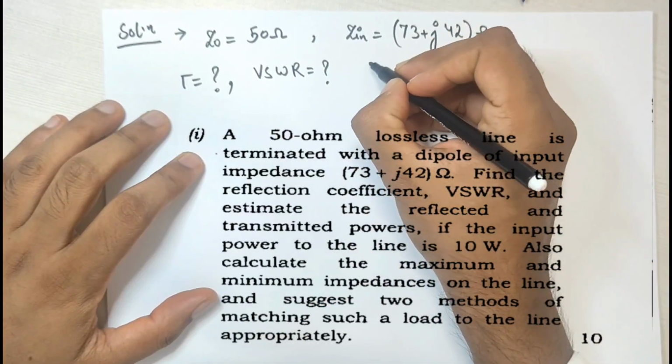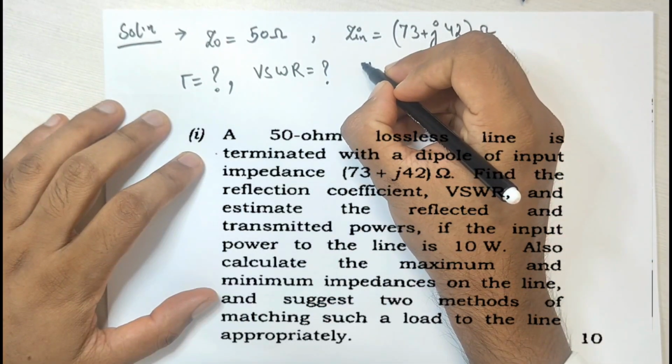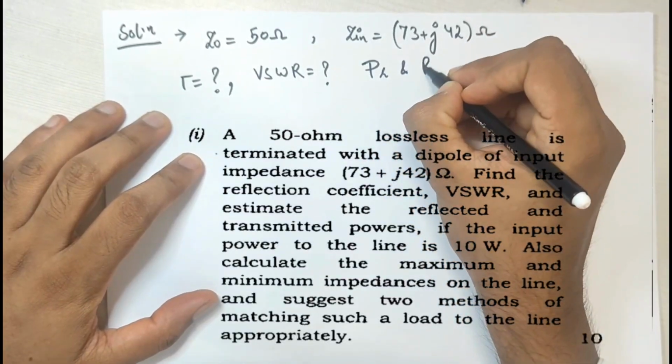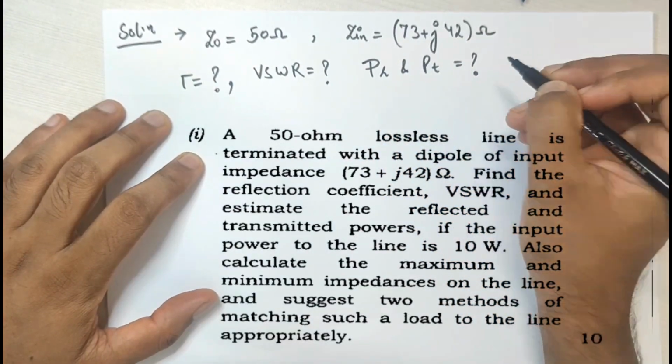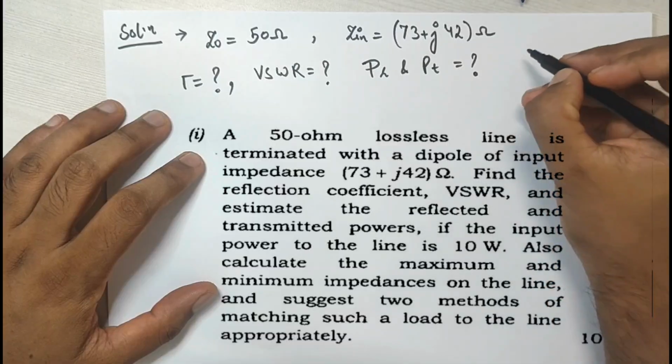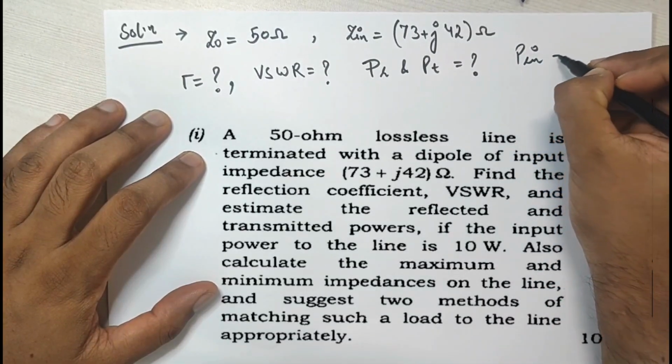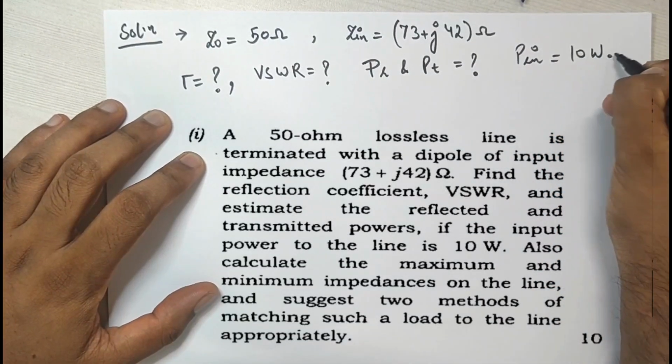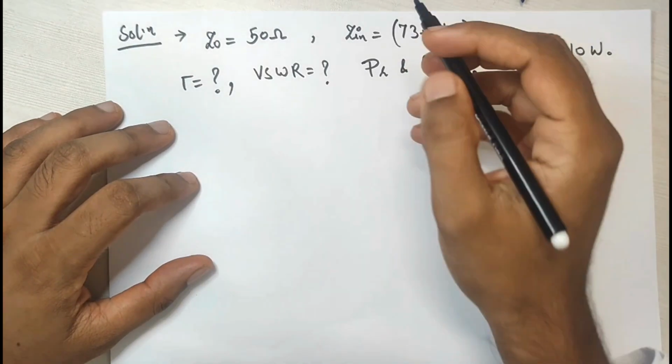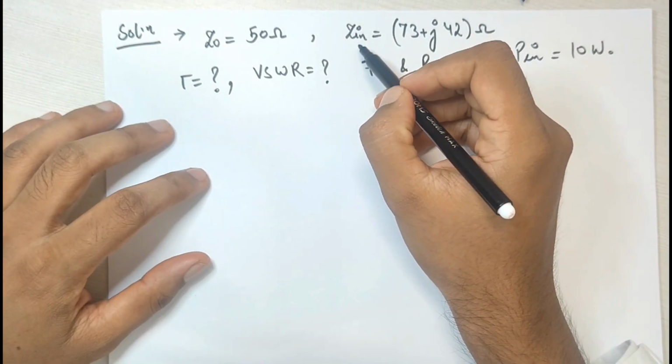We have the input power Pin equal to 10 watt. So here it is talking about the input impedance of the dipole antenna.